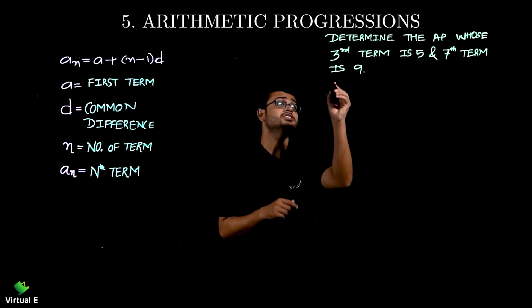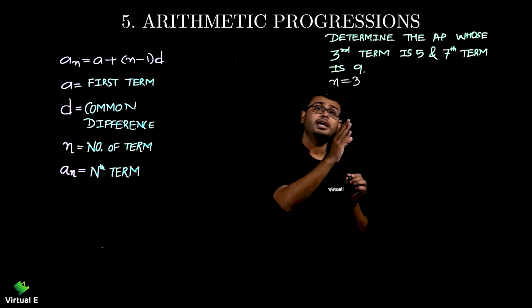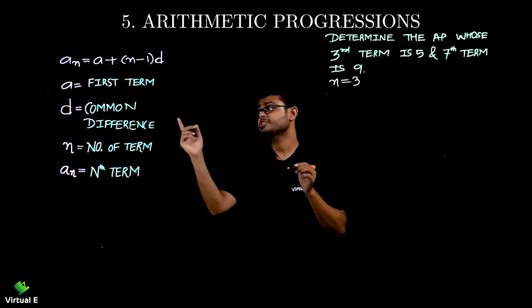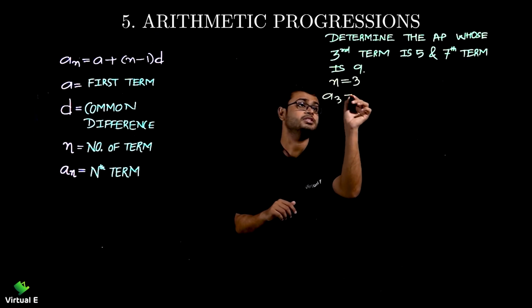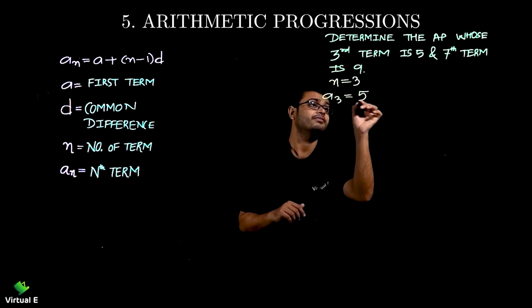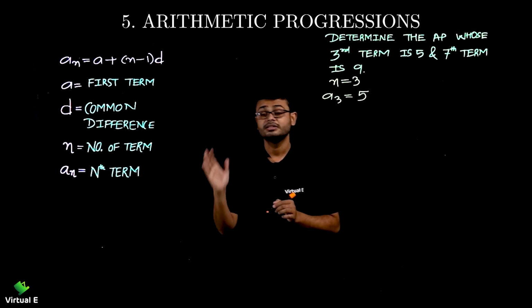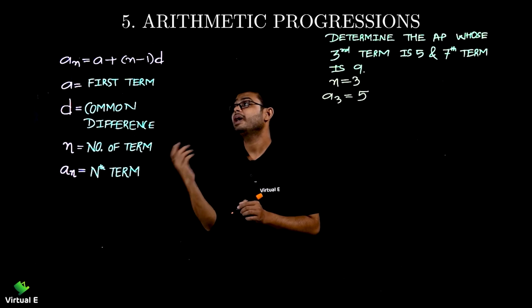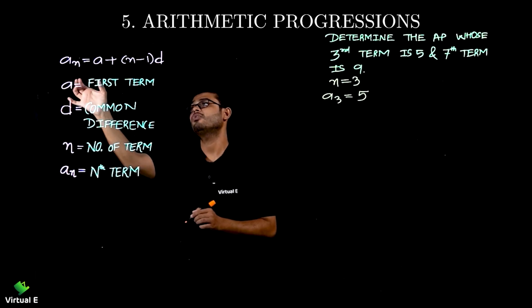Third term means n is equal to 3, so a3, the third term, is equal to 5 as given. Now let me apply the formula directly. The reason is that we don't know any other step to get the values of a and d, because we have only one formula.